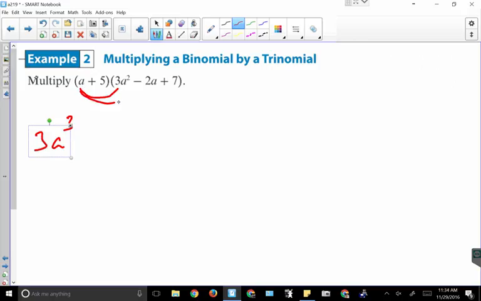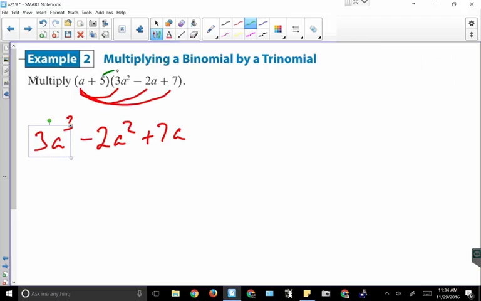I am going to take a and multiply it by the next term. So that's going to be minus 2a squared. I am going to take a and multiply it by the last term. So I end up with plus 7a. Now, I've got a 5 there. That 5 is going to get multiplied by each term.